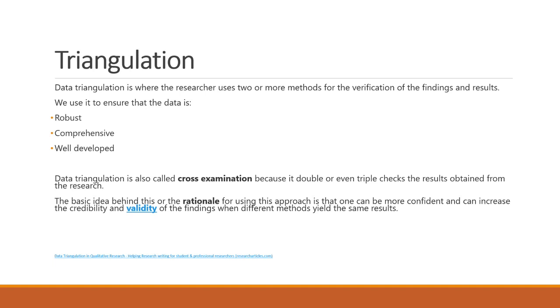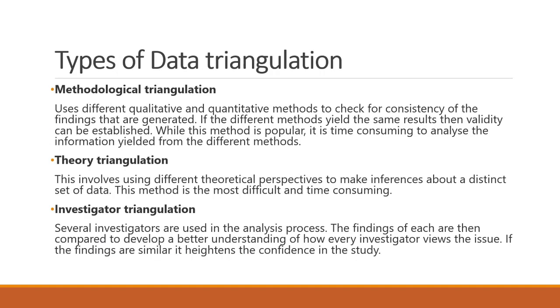And many researchers, students, we just use one method. But what is then said is that if you triangulate, you increase the validity, you increase the credibility, right? And there are different ways in which you can triangulate your research.